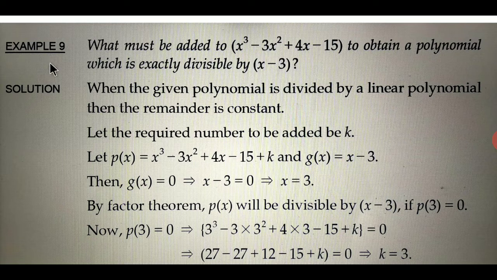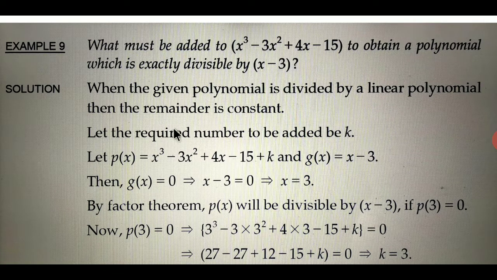This is another very important example. This type of question is also in the exercise. What must be added to this polynomial to obtain a polynomial which is exactly divisible by x minus 3? Solution: when the given polynomial is divided by a linear polynomial, then the remainder is constant.